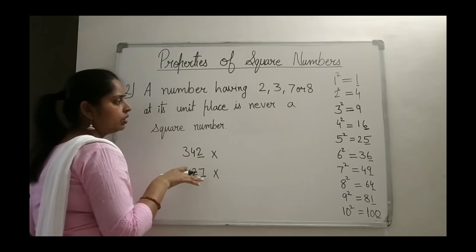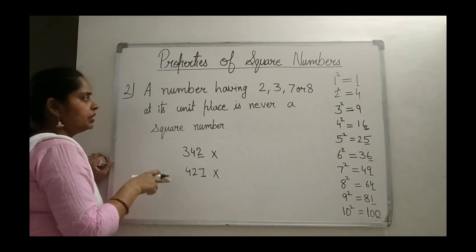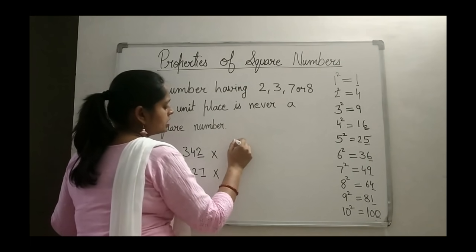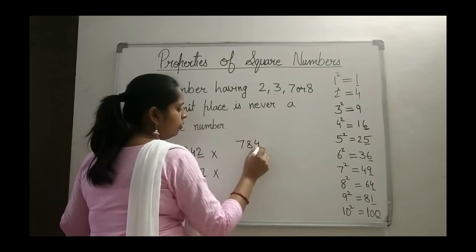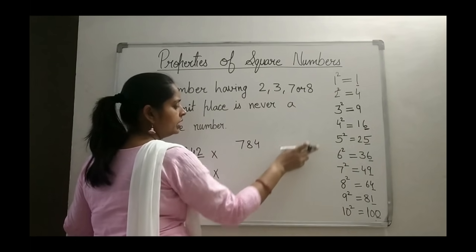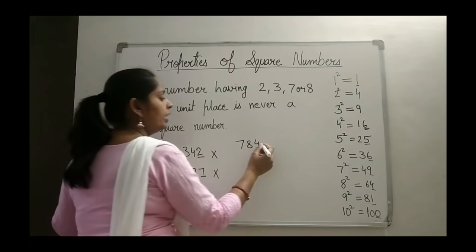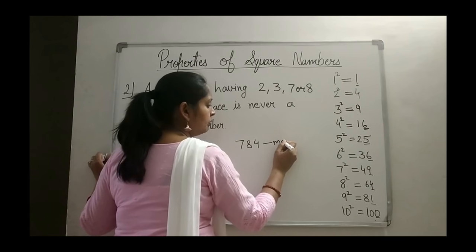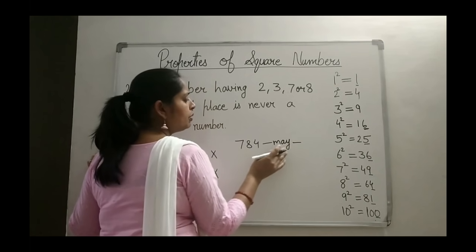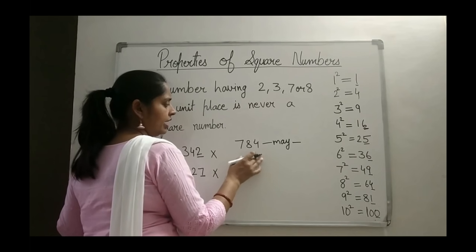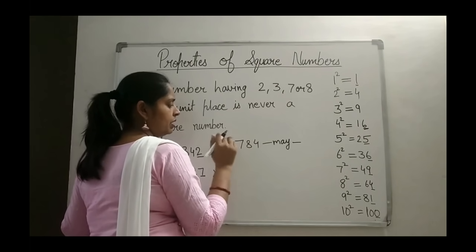And I want to recall again, as in the previous first property, you have seen that for any number which is ending by 4, we cannot say whether it is a perfect square or not. It may be. It is possible that this may be a square number, as 784 is a perfect square number.